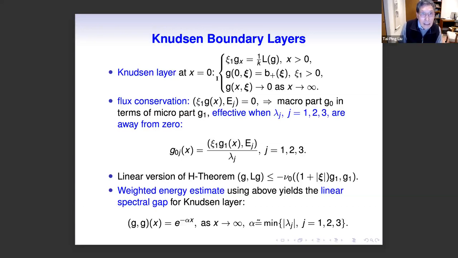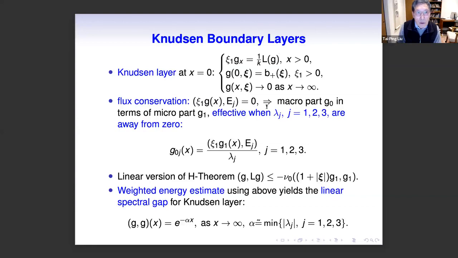I want to analyze the solution of this problem just a little bit. First, it's easy to see that the flux is conserved. This is because the E_j are in the kernel of L. You just multiply the first equation, take the inner product with E_j, and the right-hand side will be 0. Therefore you have this flux conservation.